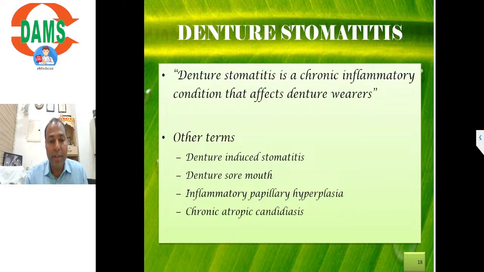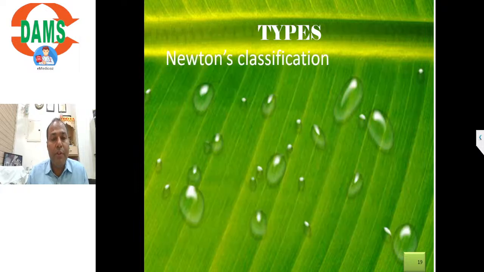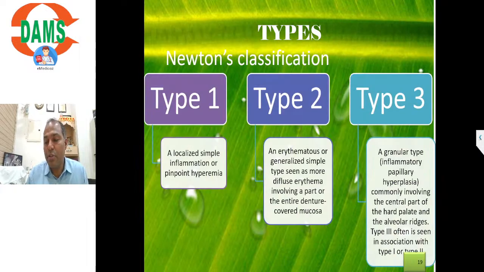Then inflammatory papillary hyperplasia. Remember, the inflammatory papillary hyperplasia is the type 3 where the papillae are being formed. I will tell you the classification that was given by Newton. So if we talk about Newton's classification of denture stomatitis, Newton classified denture stomatitis into 3 types.